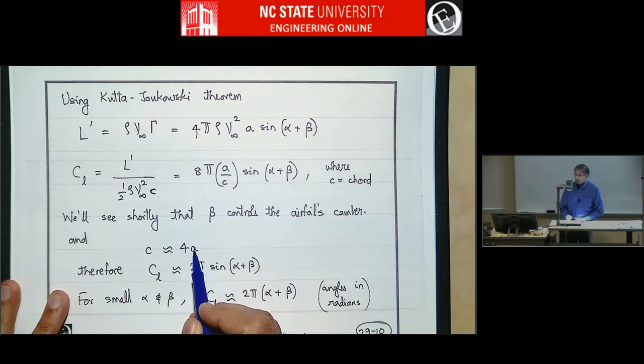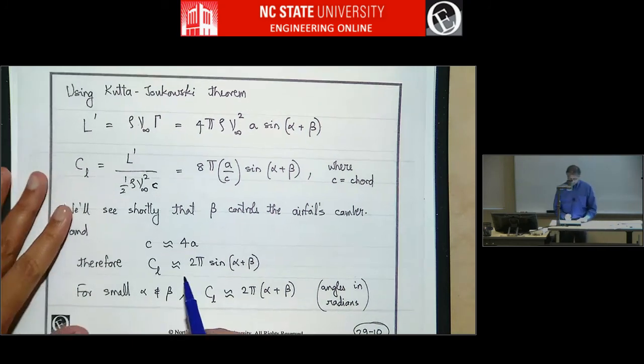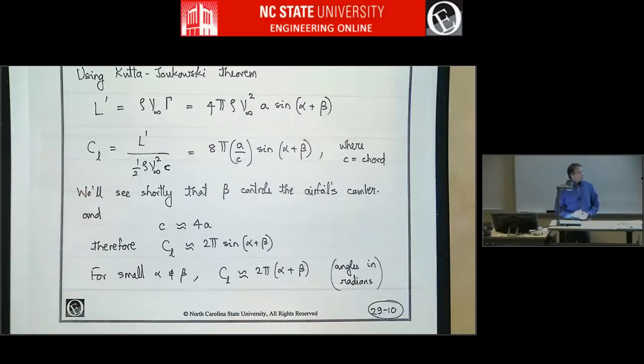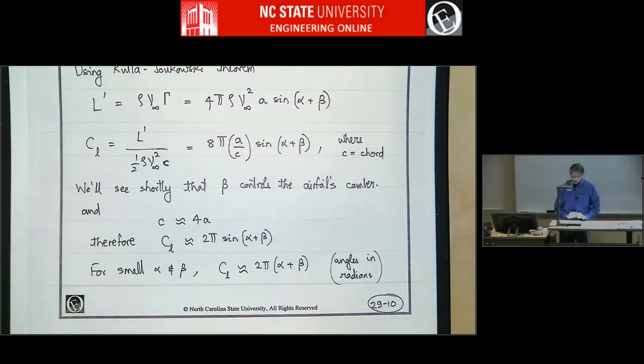A is the radius of the cylinder, and the chord will be 4 times that. Therefore, the lift coefficient is approximately 2 pi times sine of alpha plus beta. And for small alpha and beta, this is just 2 pi times alpha plus beta, where these are in radians.